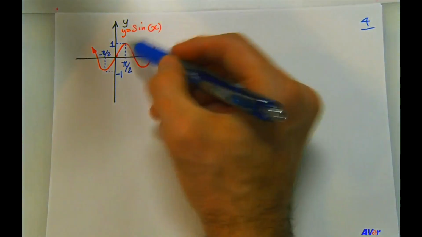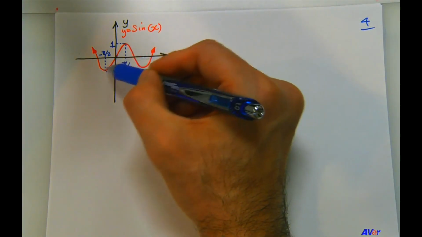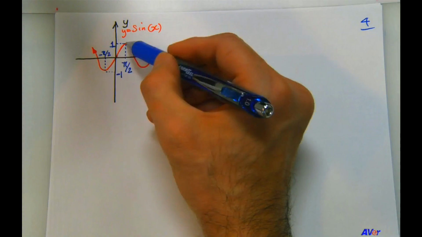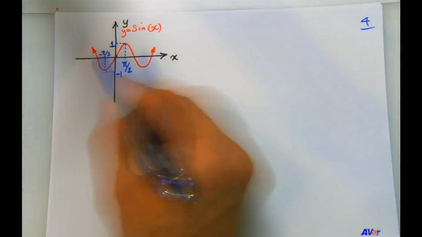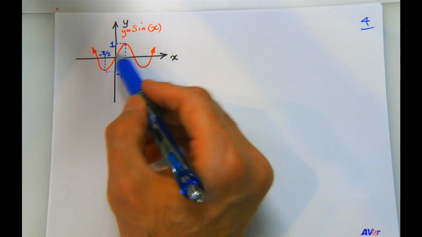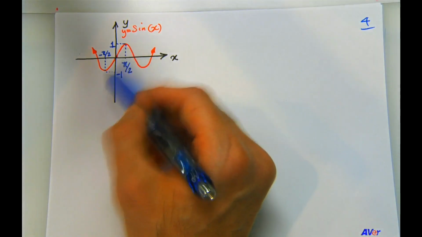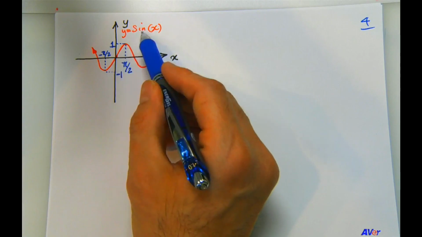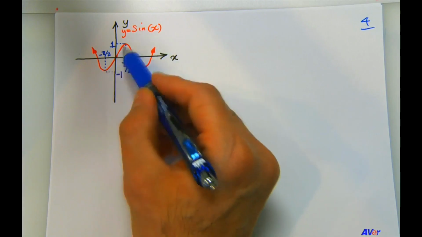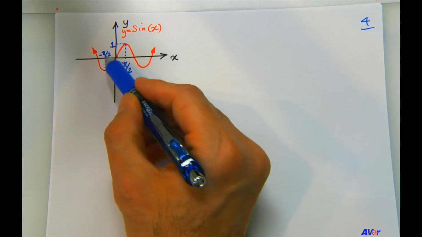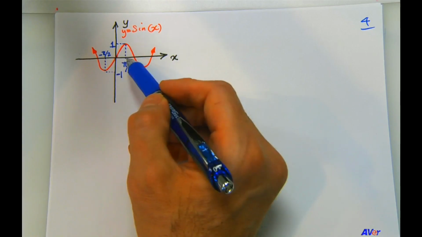So if we restrict the domain to that distance, from negative pi over 2 to pi over 2, then a horizontal line will be able to intersect this graph at only one point. And we will have an inverse for the sine function if we restrict the domain of it to negative pi over 2 to pi over 2.